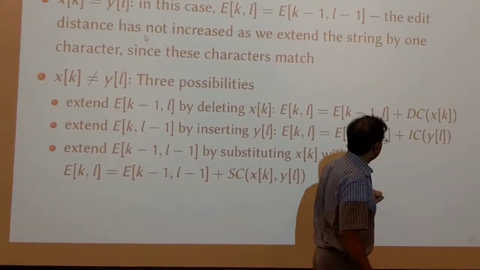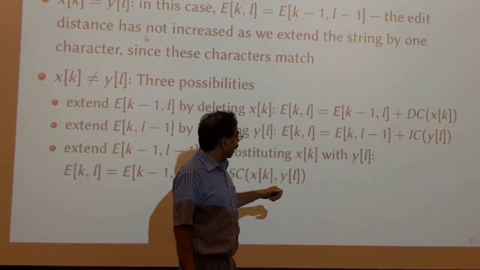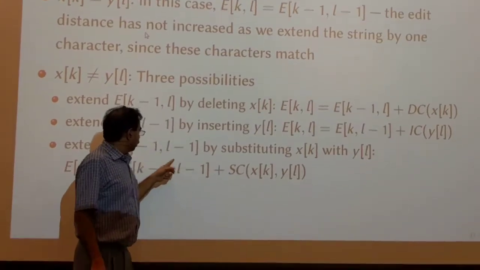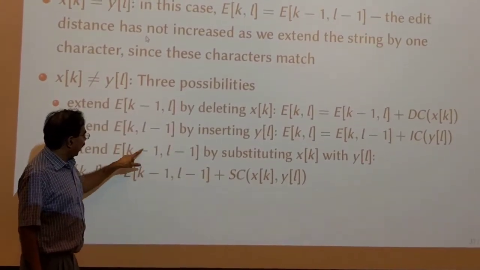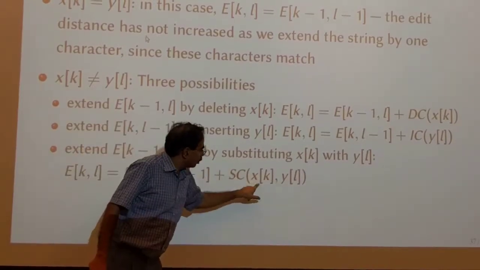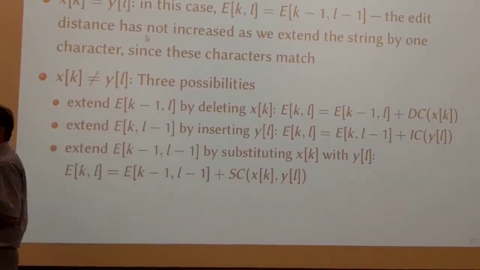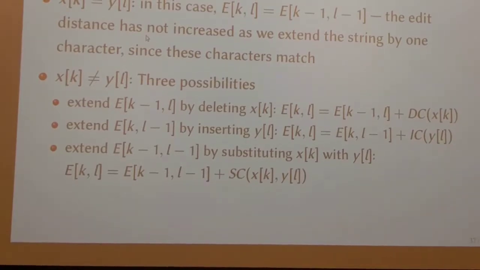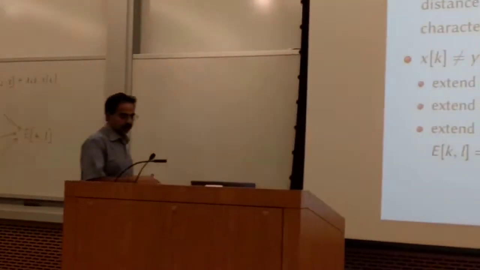Similarly, here you are adding the insertion cost of y. And here, because you are going from x of k to y of l, you are trying to find what is the cost for substituting x of k with y of l. Okay, so those are the three cases.